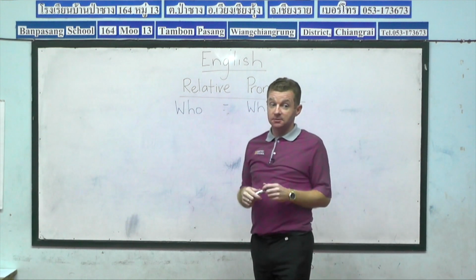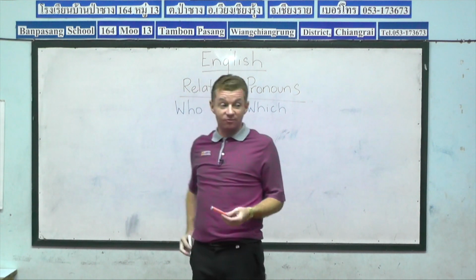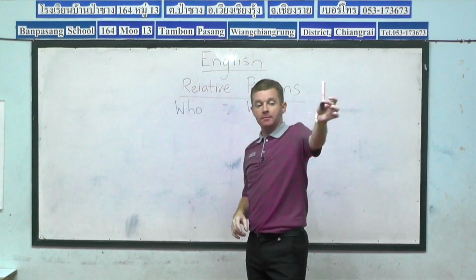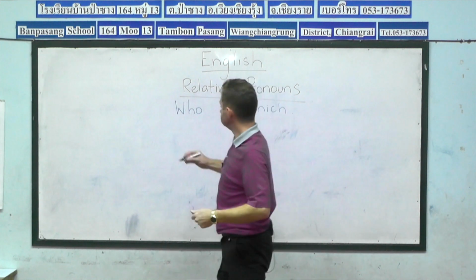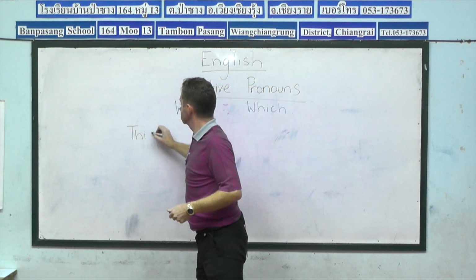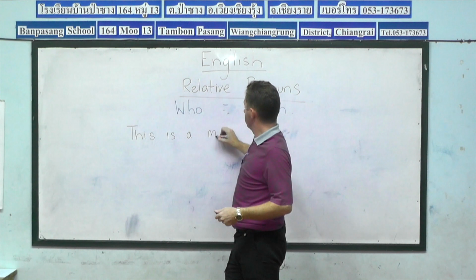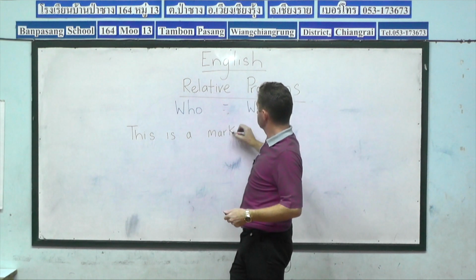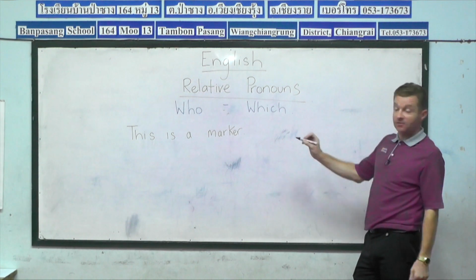Okay, guys? So first of all, we need 2 sentences from me. So, who can tell me what this is? Marker. Okay. This is a marker. Okay, that's sentence number 1.